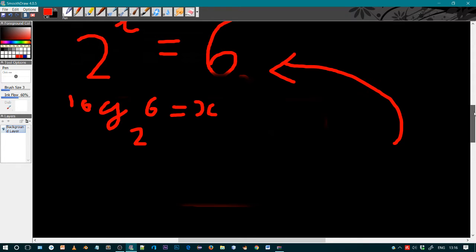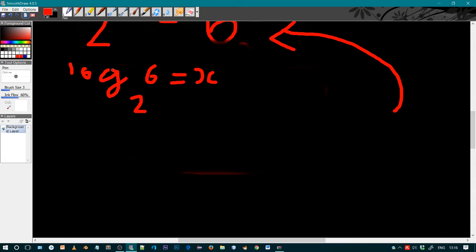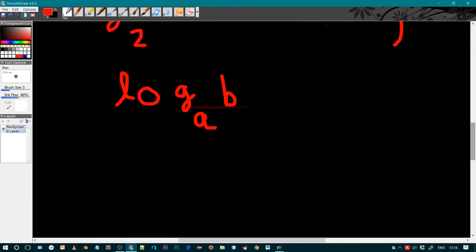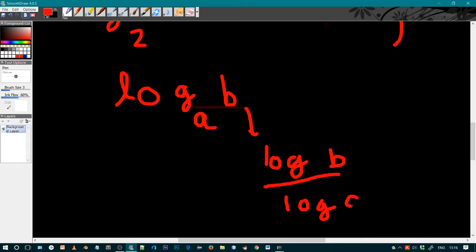Now, this is the rule: log base a of b can be written as log b over log a.